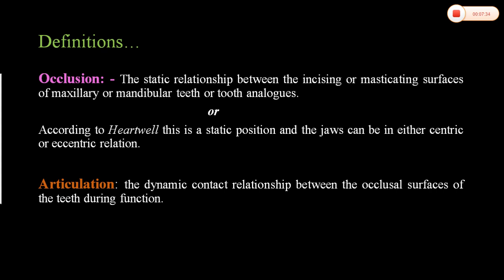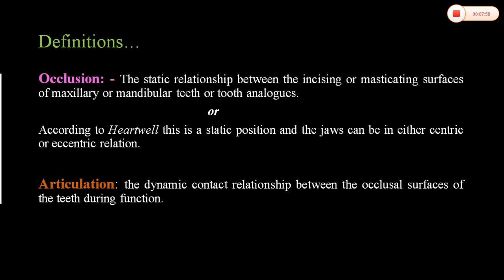So when the movement is not there, the contact in static relation is known as occlusion. According to Hartwell, this is a static position and jaws can be either in centric or eccentric relation. So the condyle can be in centric position or in eccentric position, but it should be static.